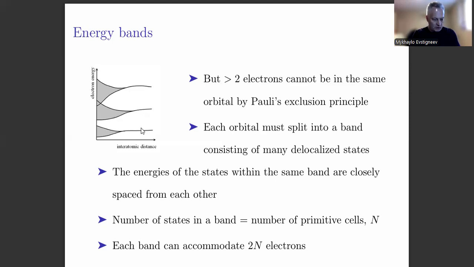And each quantum state within the same band can take in at most 2 electrons. So each band can accommodate at most twice the number of primitive cells, electrons. Okay, so that was the physical reason why bands are formed.